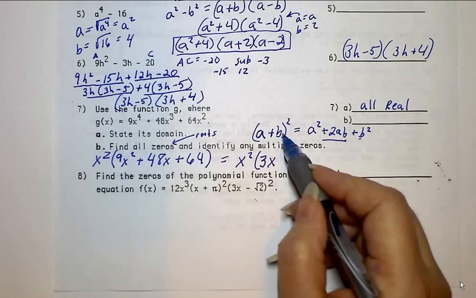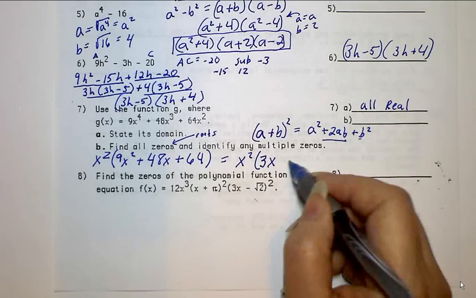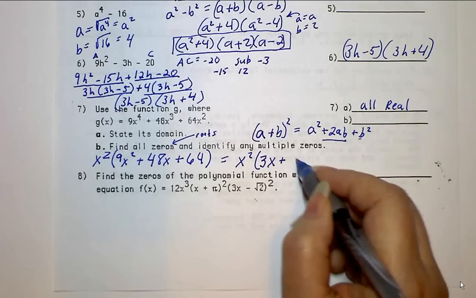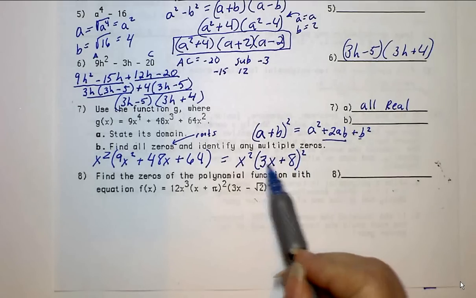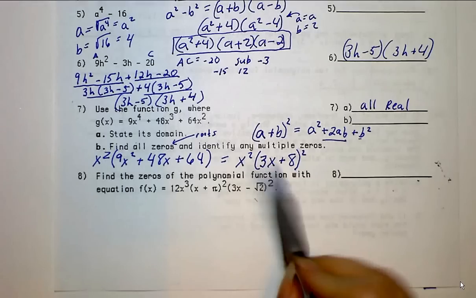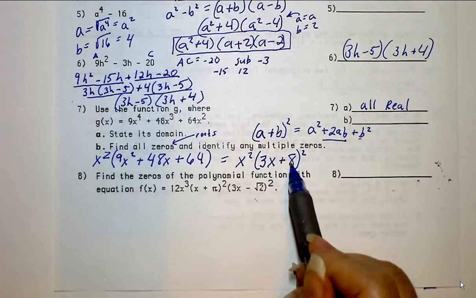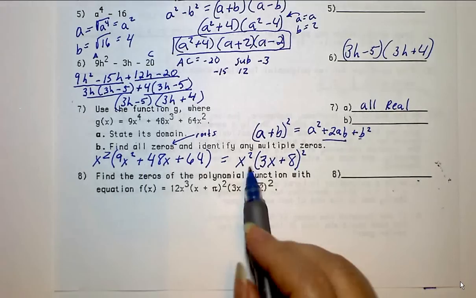B, what's the square root of 64? Yes, 8. And we're going to square that. Multiply them together and double it to check your middle term. 8 times 3 is 24, and then you double it, it gives you 48. So that's right. So how do I find my zeros now?